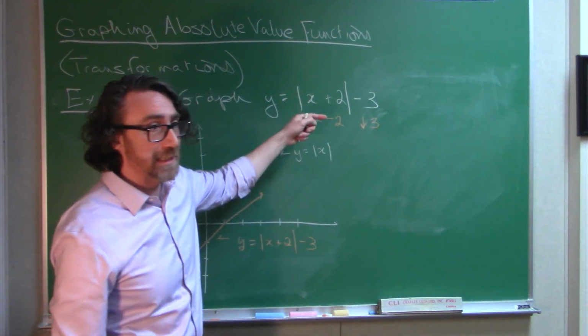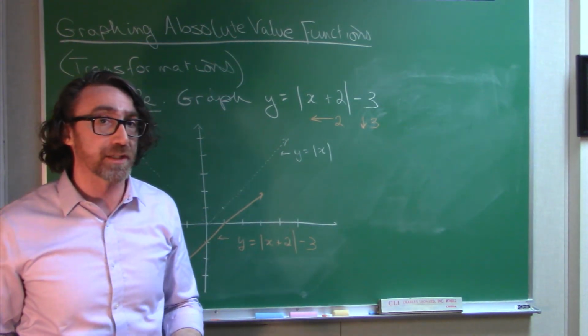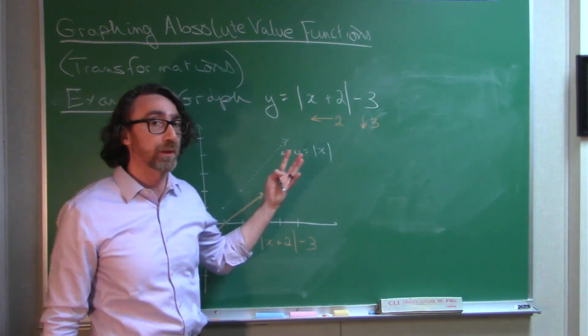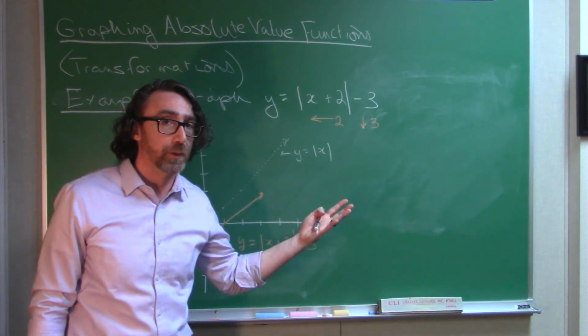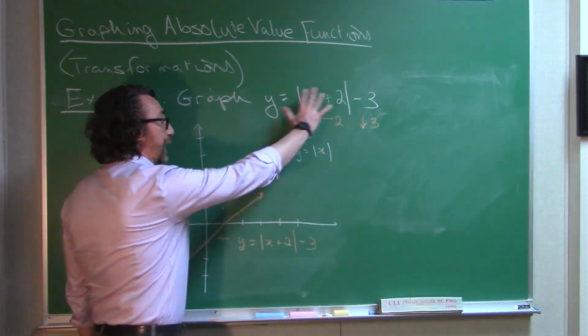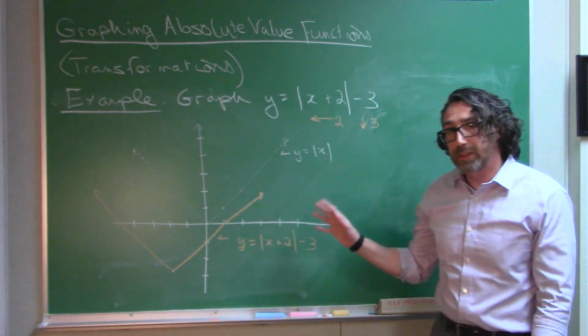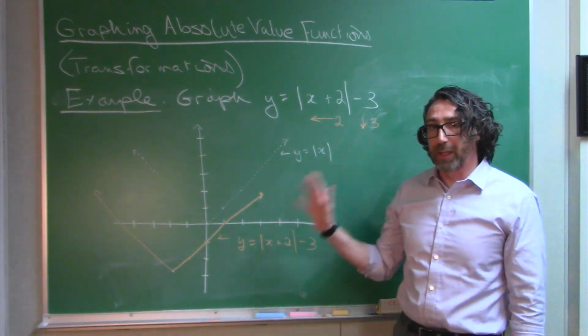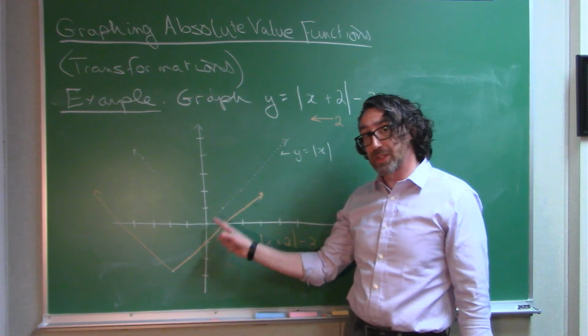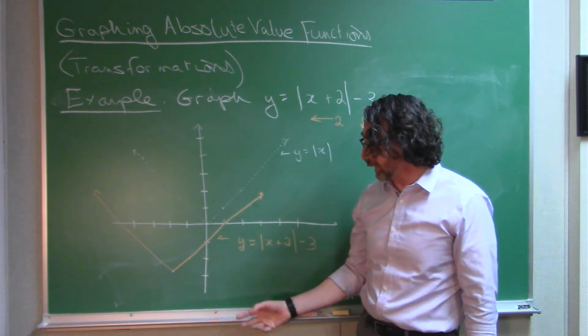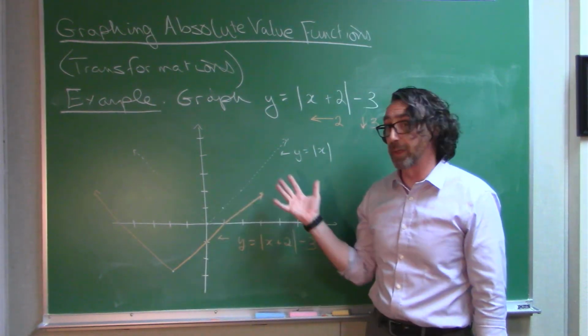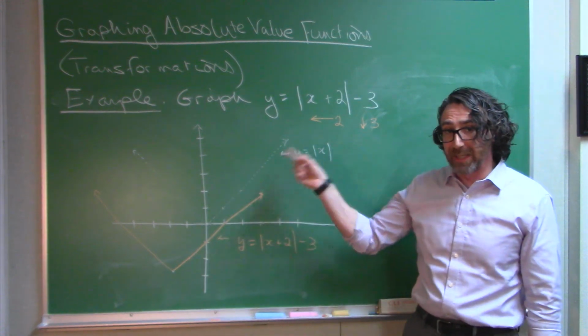So changes to the inside have the opposite effect of what you might expect. Changes to the outside work a little bit more directly. So you should be able to graph any function like that really quickly using the idea of transformations. You have to remember what the basic shape looks like, and then you can get your graph by shifting that basic shape.